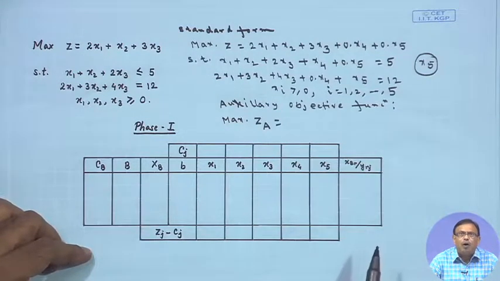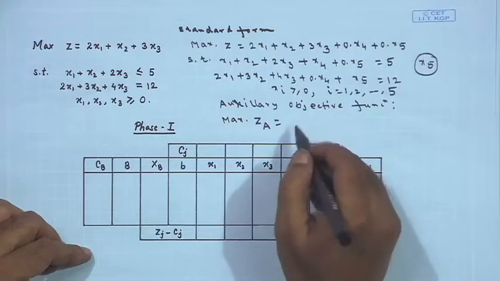Here you have only one artificial variable x5, you have three decision variables x1, x2, x3 and one slack variable x4. So, according to the algorithm, all the decision variables and the slack variable will be associated with the 0 coefficient, whereas the artificial variable will be associated with a coefficient minus 1.